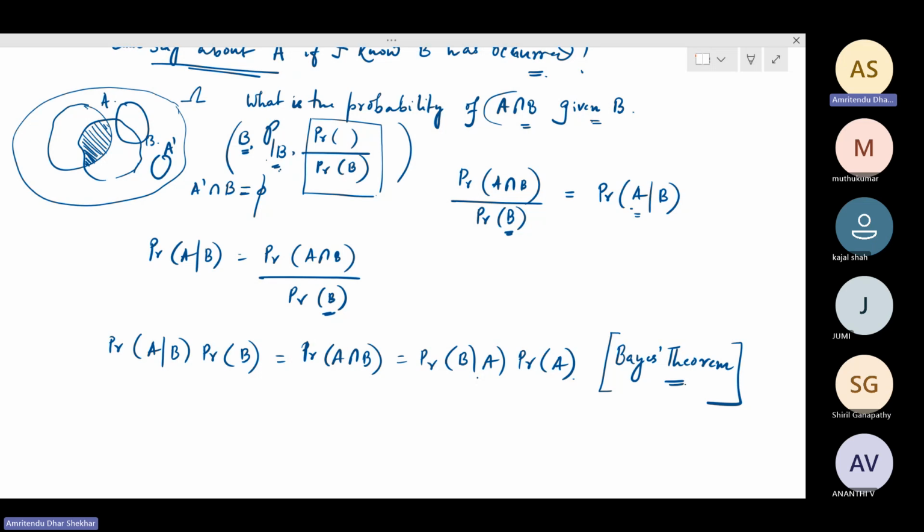Again, A has to be an event which occurs with non-null probability for this to be defined. If A is a null event, occurs with zero probability, then this conditional probability doesn't make sense.